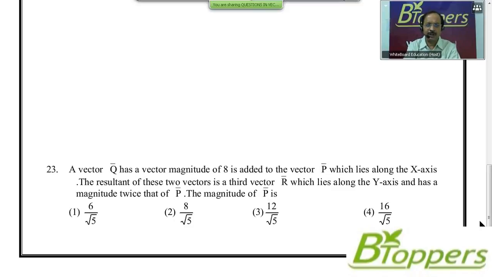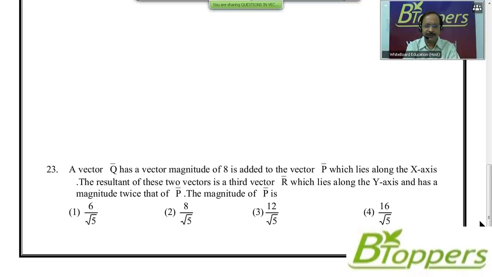Question number 23. A vector Q bar has a magnitude of 8 and is added to the vector P bar, which lies along the x-axis.